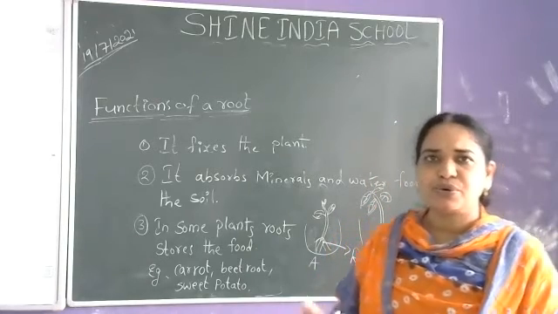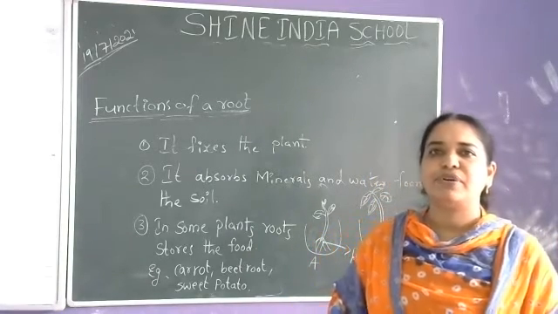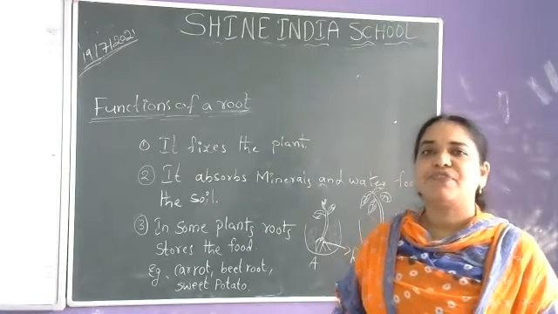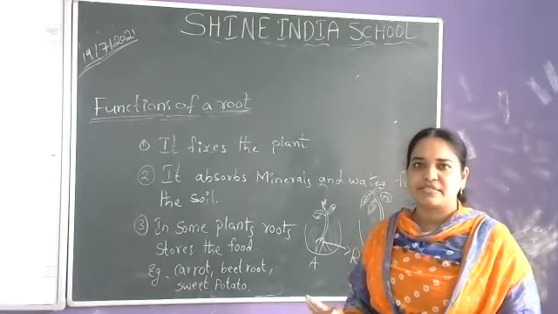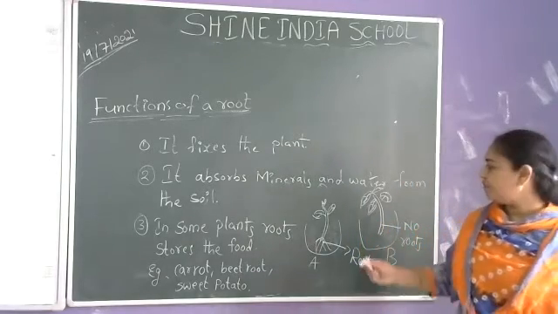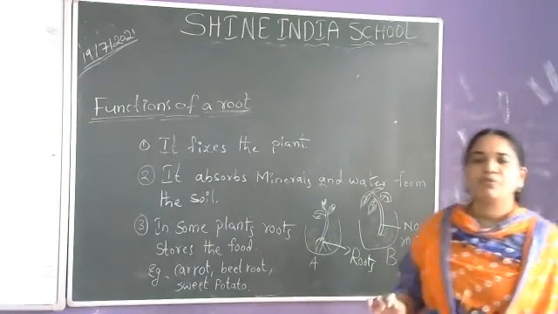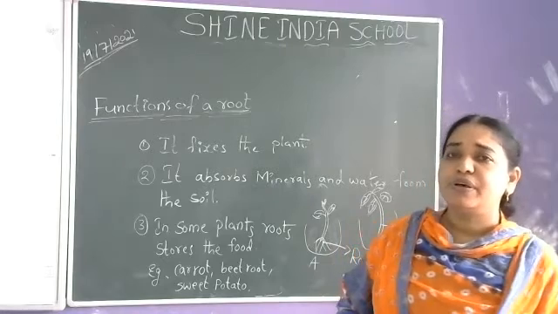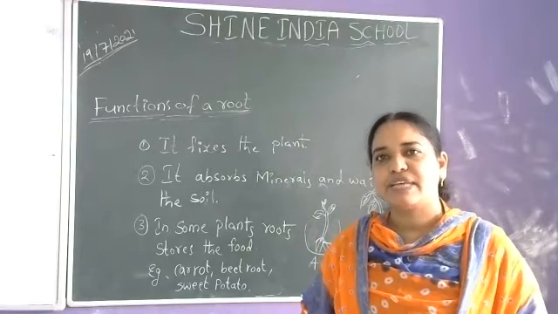If there is no water and mineral, how will the plant prepare the food? So there is no food for a plant. So finally what happens to the plant? It will not survive. So without roots, the plant will not be able to survive.